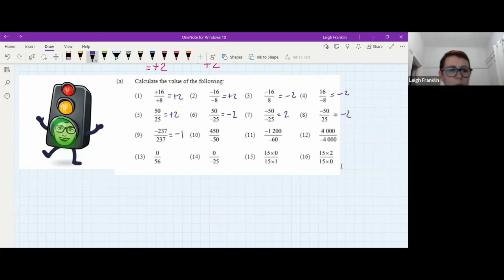Next one. Tahila, do number 10, please. Ma'am, will it be -9? -9. Good, Tahila. That is lovely. Well done. Very good. Question 11, Tabani.